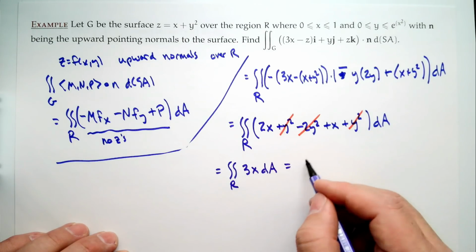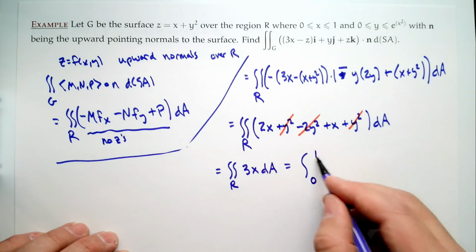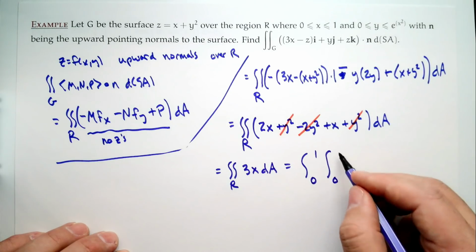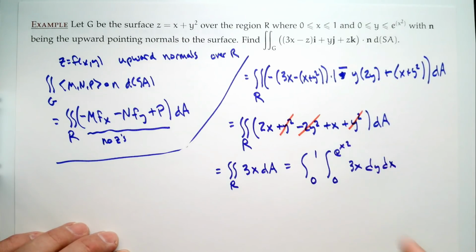Well, what's our region? It actually gives it in a nice way. Integral 0 to 1, 0 to e to the x squared, 3x dy dx, where x goes from 0 to 1, y goes 0 to e to the x squared.